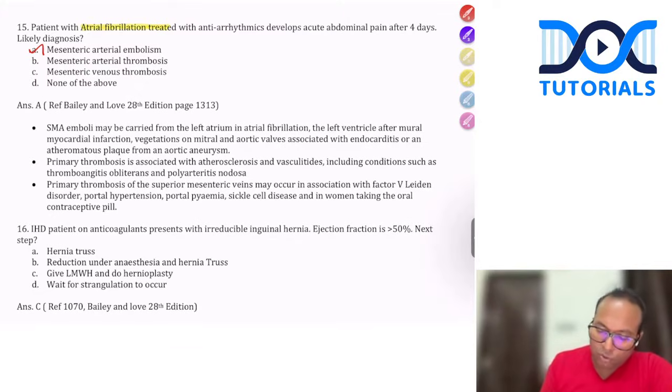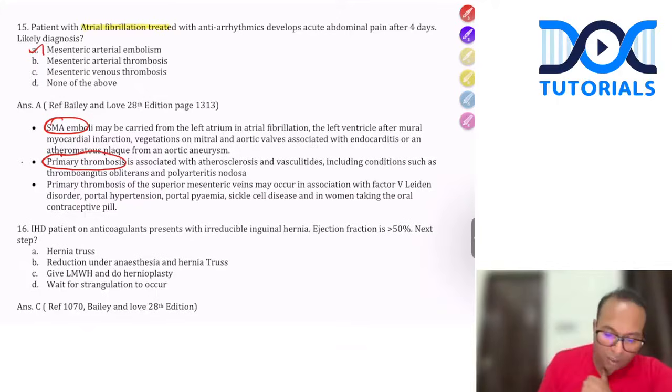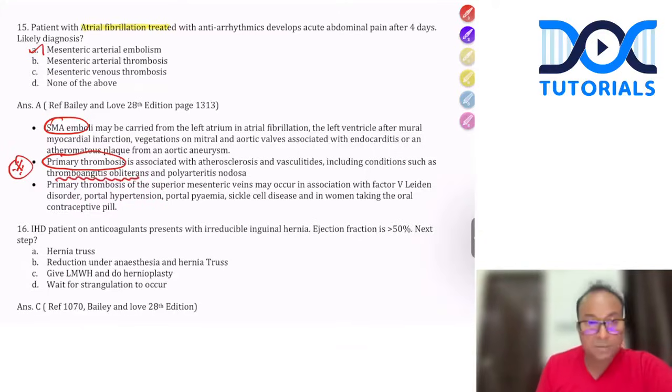So SMA embolus is due to atrial fibrillation, vegetations from valves, etc. Primary thrombosis is due to atherosclerosis or vasculitis like TAO or polyarteritis nodosa. This is the first time I'm reading a line showing that primary thrombosis can be seen in TAO also. Please remember, thromboangiitis obliterans also.